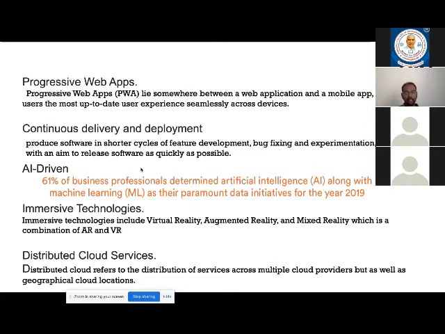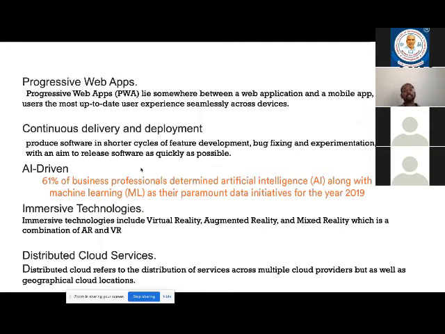Next is continuous delivery and deployment methods, so they release software in shorter cycles. I was talking to you about how agile and shift left have paved the way for faster deployments, or vice versa, wherein faster deployments have made sure that we have shifted left, introducing quality engineering into all aspects of development.